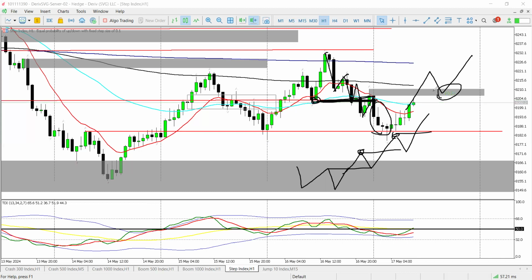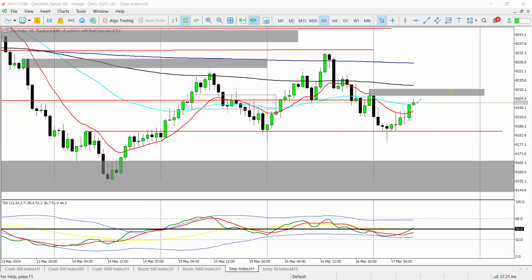You should just try to keep it as simple as that, especially if you're struggling. Just try to wait for structures to be broken, because for every good trend, price will retrace or give you a form of an entry for you to jump in. So we have to try by all means to just be patient for price to show us direction before we actually jump in and put our capital at risk.